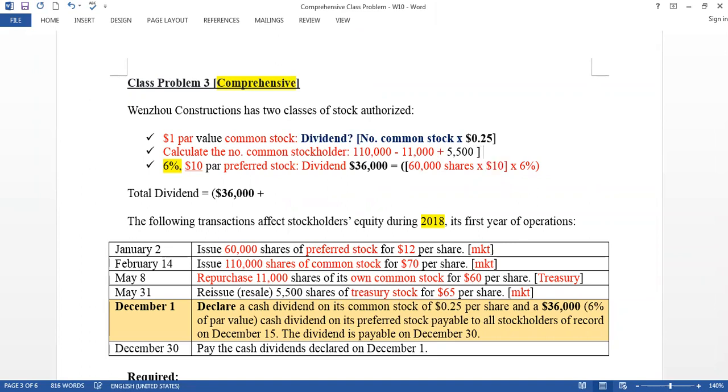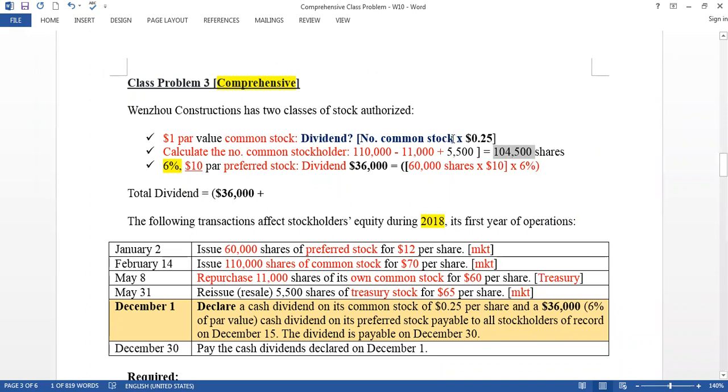So 110,000 minus 11,000 plus 5,500 gives 104,500 shares. Clear? This 104,500 shares is going to be put here.